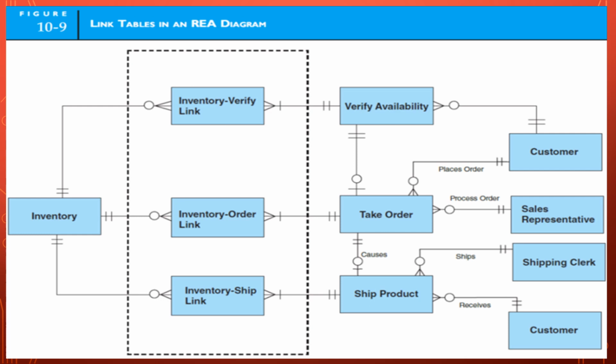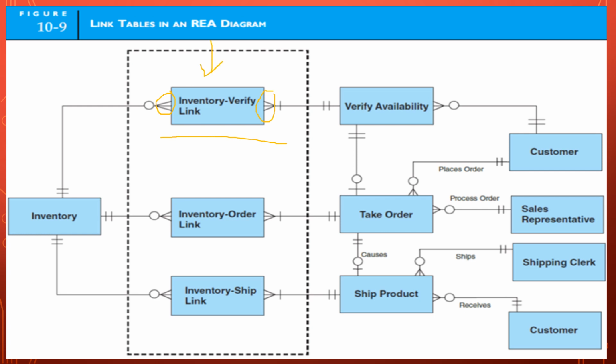So here we have the link tables in an REA diagram. What I mean by link table is a table that represents many-to-many. Because we have many-to-many, if you notice here, we have many and we have many. That is what we mean by many-to-many. So if we have many-to-many, the solution is to have this link table.